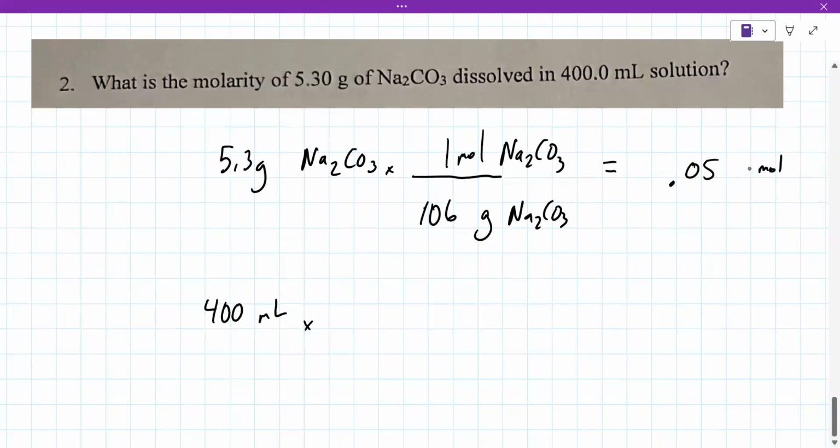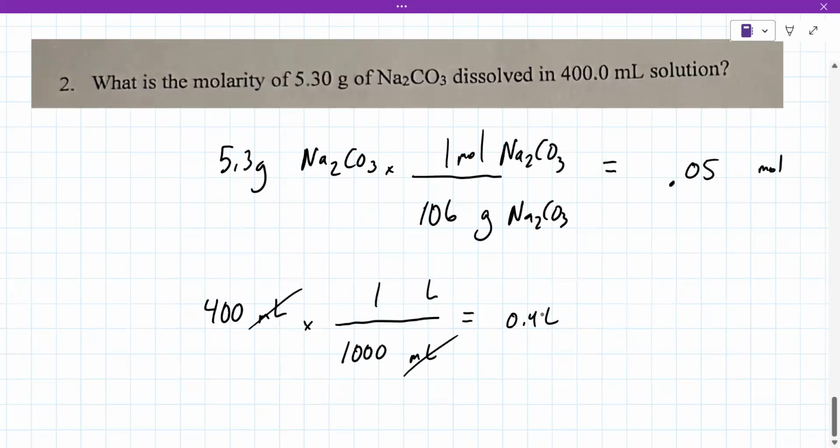Now it's milliliters. You have to convert how many milliliters are in 1 liter. It's a conversion thing from before. There's 1,000 milliliters in 1 liter. So this will equal 0.4 liters.